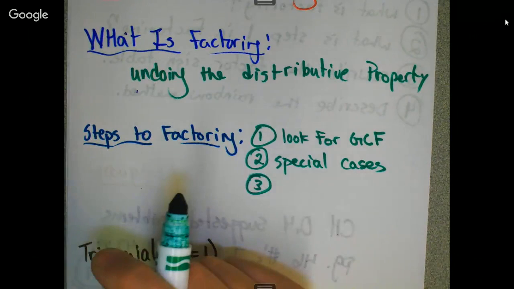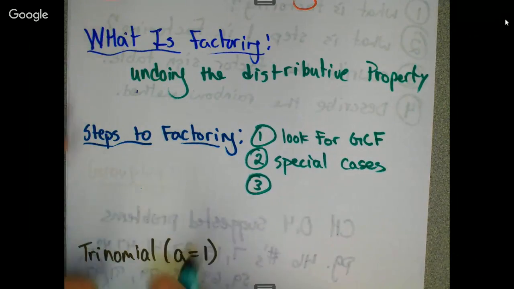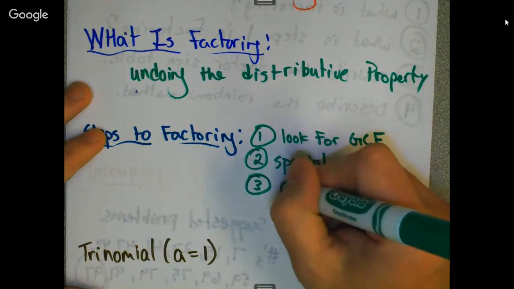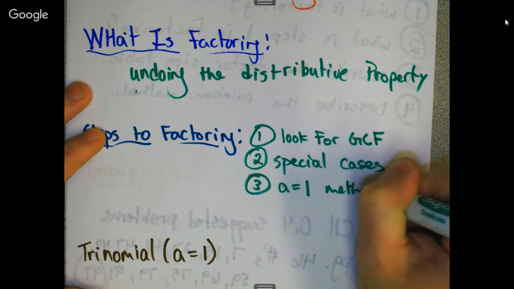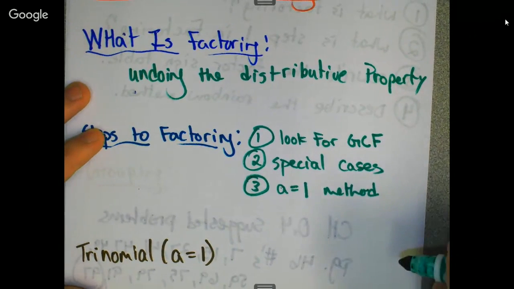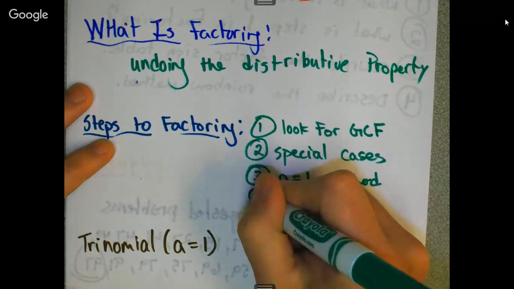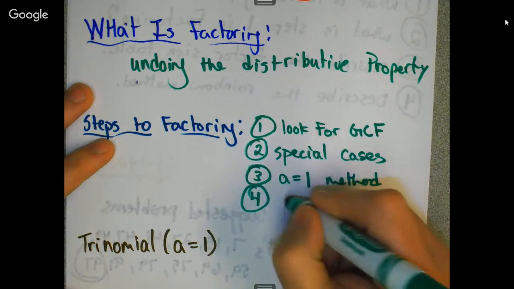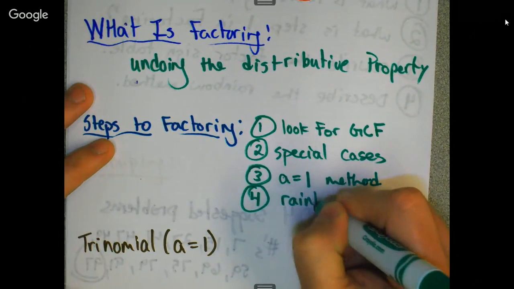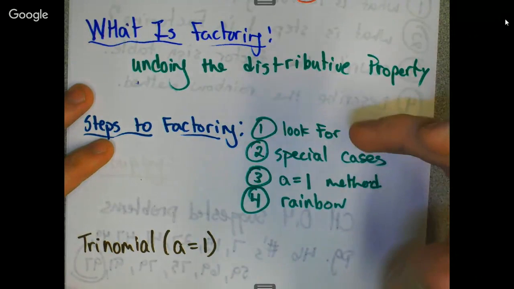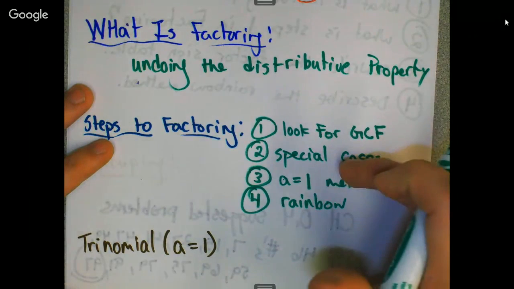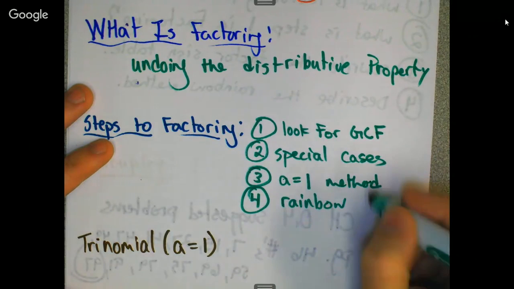Step three will be use the A equals 1 method. Step four is use rainbow. We're just kind of going through. You're going to look for this. If not, you're going to look for this. If not, you're going to keep working down. Use the rainbow method.